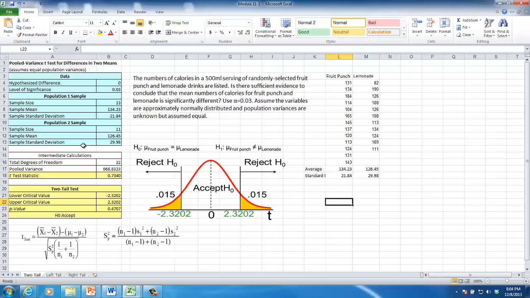So how do we find S square for the population? We call this pooled variance. We're going to use this formula here, and I'm going to keep this in cell B17.